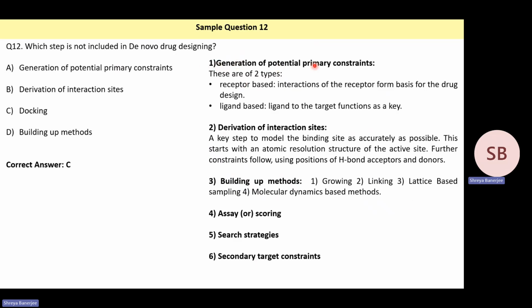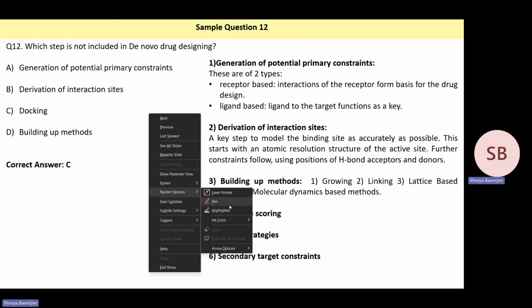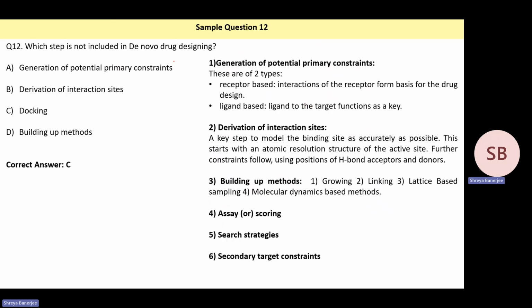The first step is generating the potential primary constraints, and these are of two types. One is based on the receptor, so the interaction of the receptor forms the basis for designing the primary constraints of the lead molecule. The second is ligand based, so depending on the ligand structure, the initial drug molecule is designed. So generation of potential primary constraints is a step in de novo drug designing.